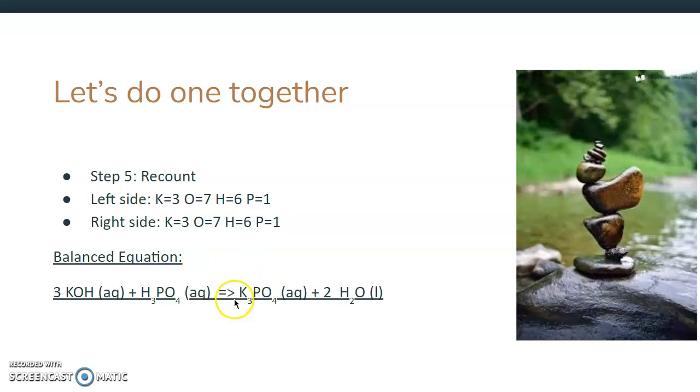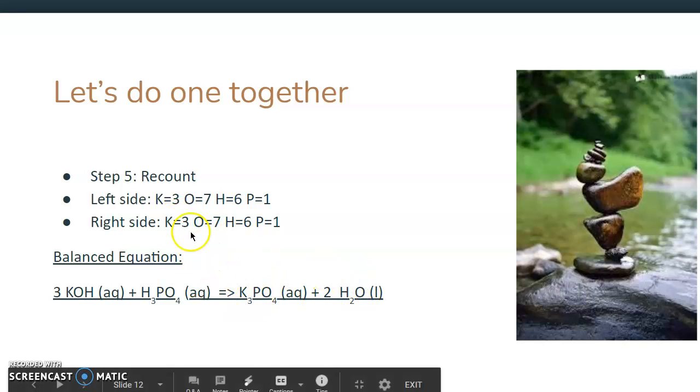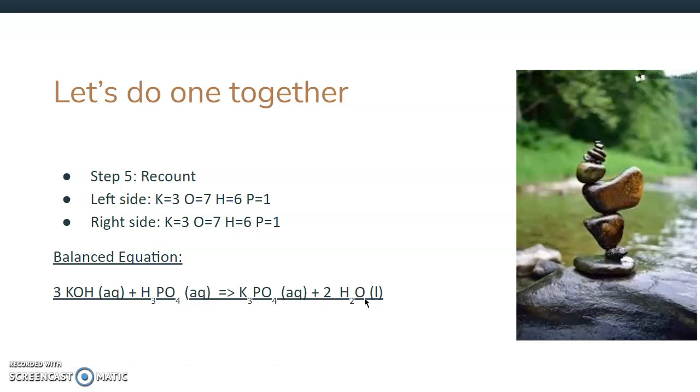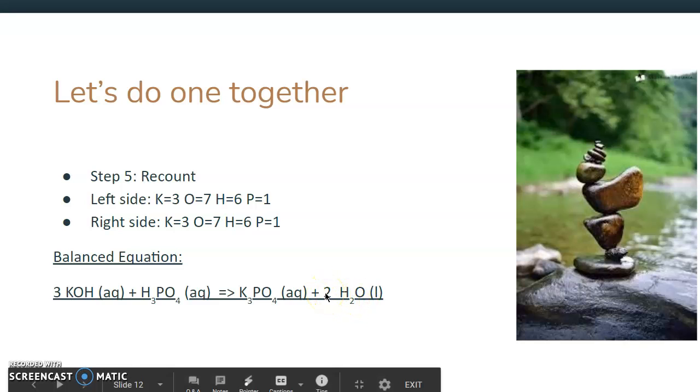We still have our 3 Ks, our 1 P, 4 plus 4 oxygen, and 4 plus 2 oxygen, and for our hydrogen 4 and 4. So we would have a balanced equation.